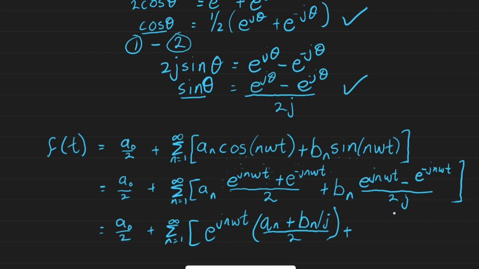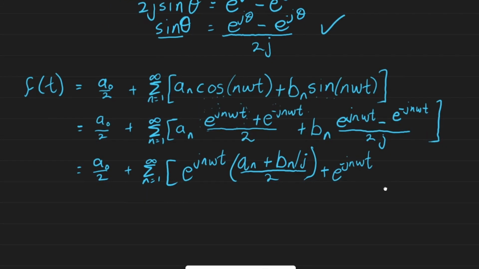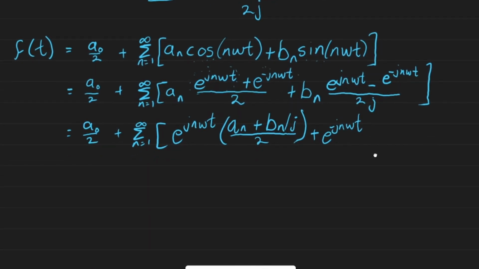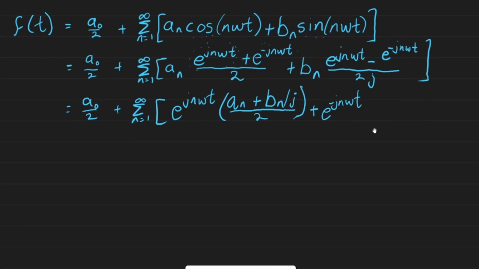Now we do the same with e to the power minus j n omega t. Our first term is an.